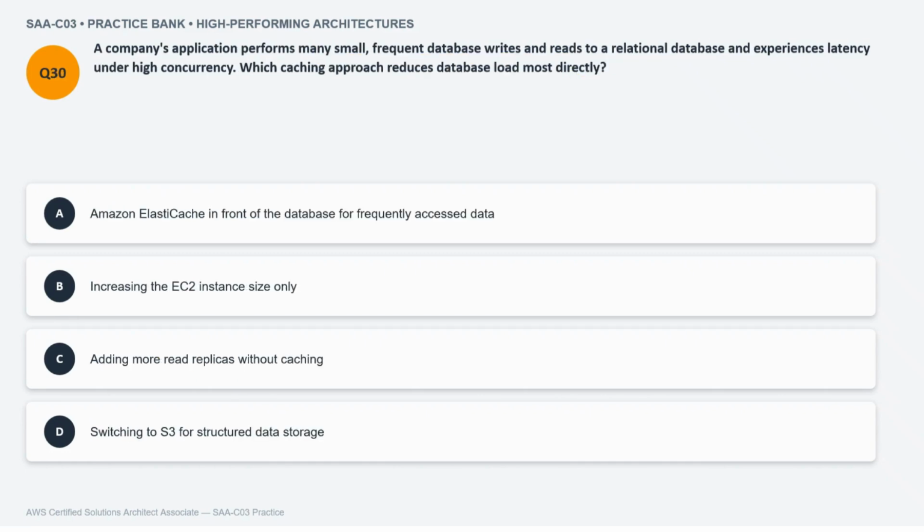Question number 30. A company application performs many small frequent database writes and reads to a relational database and experiences latency under high concurrency. Which caching approach reduces the database load most directly?